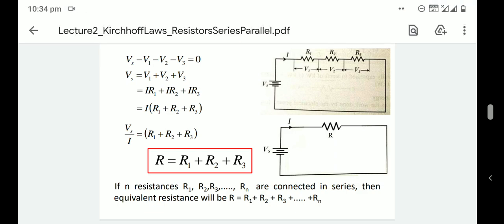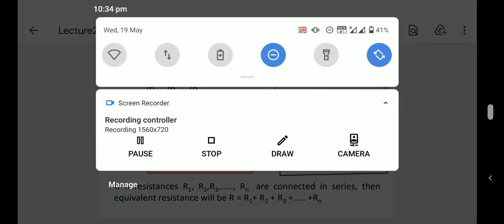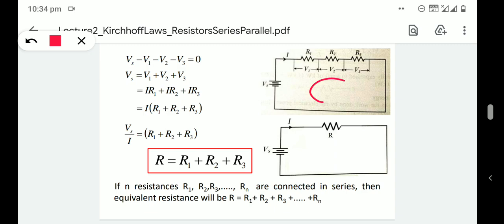First we assume the direction of current, like this. Then mark the positive and negative terminals of the resistors: for R1 this is plus and minus, for R2 plus and minus, and for R3 plus and minus.